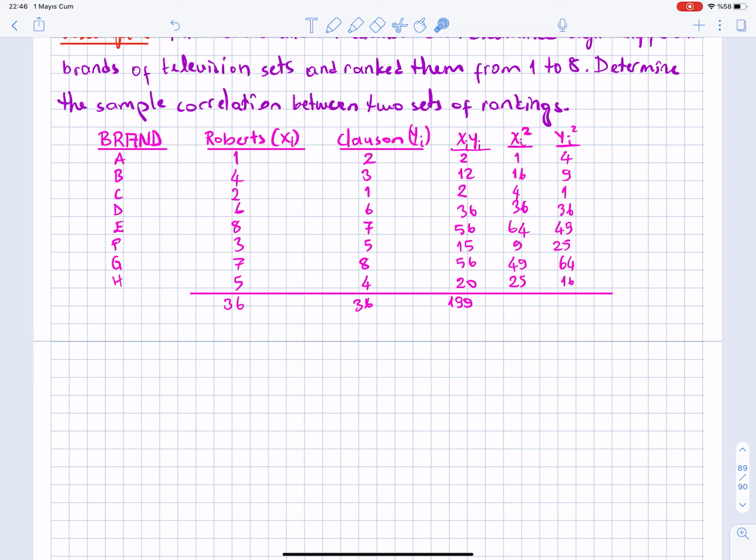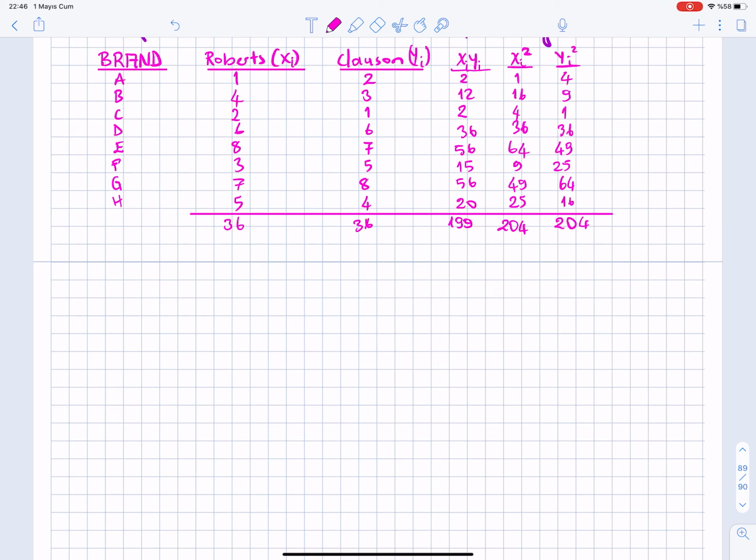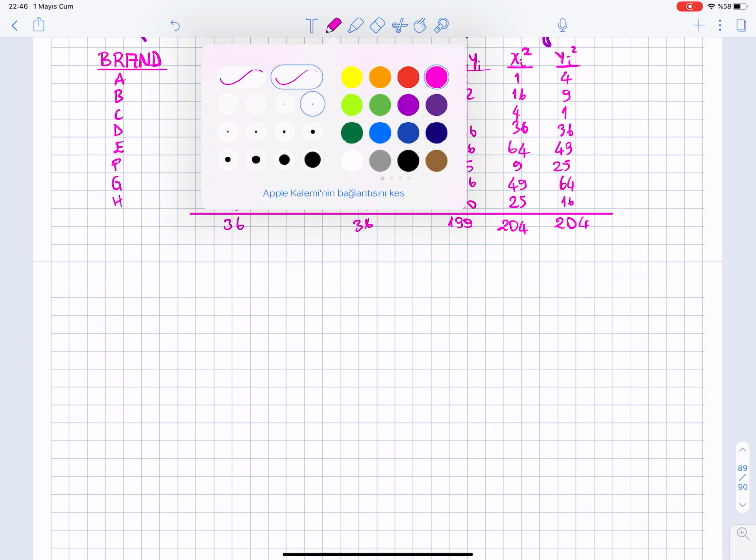And the sum of xi squared, adding up all these numbers, you get 204, and the sum of yi squared is also 204.